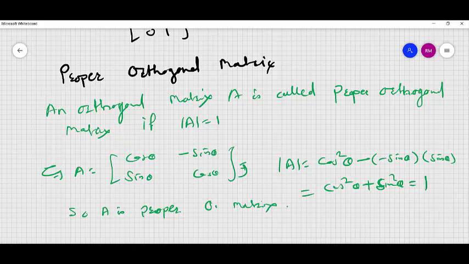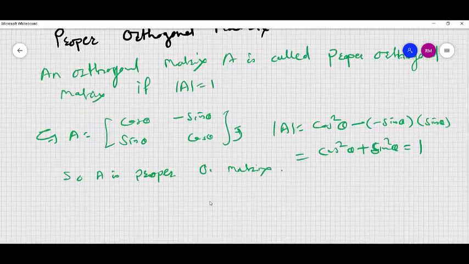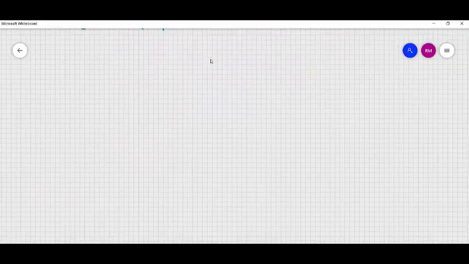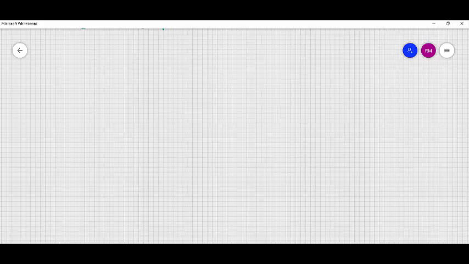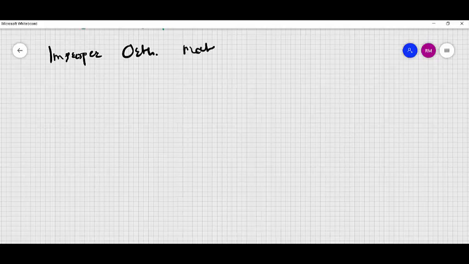Now we take improper orthogonal matrix. What may be the definition of improper orthogonal matrix? Orthogonal matrix A is improper orthogonal matrix if determinant of A equal to -1.